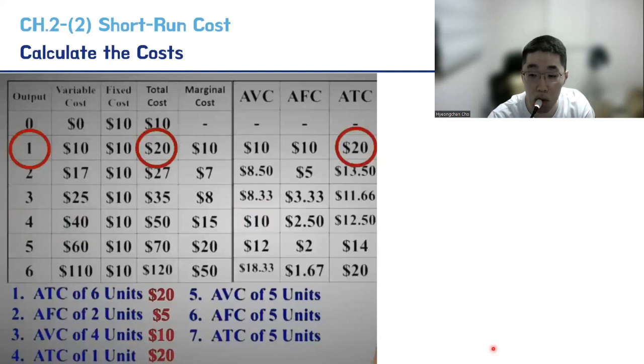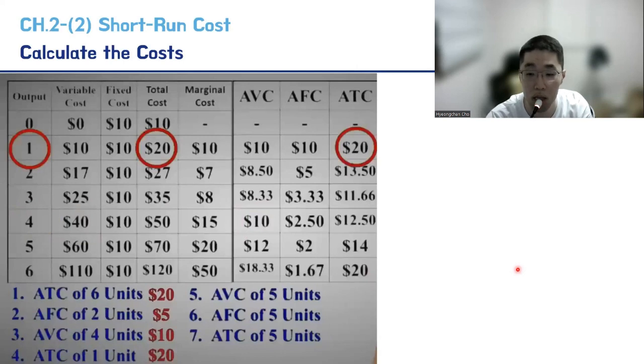And the average total cost of one unit is 20. It's an obvious thing. If one unit costs a total of 20, then on average that one unit costs $20.